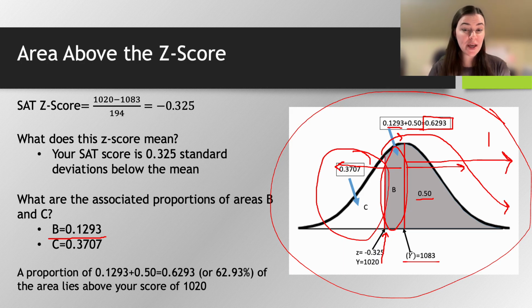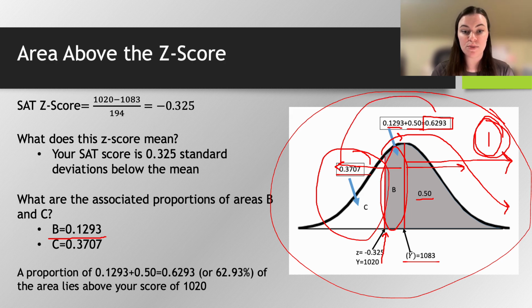An even quicker way that you could go about that, though, is keeping in mind that this entire area under the curve has to equal 1. And so if I took 1 minus the amount of individuals proportion-wise that did worse than me, so if I did 1 minus 0.3707, I will get this exact same score of 0.6293.